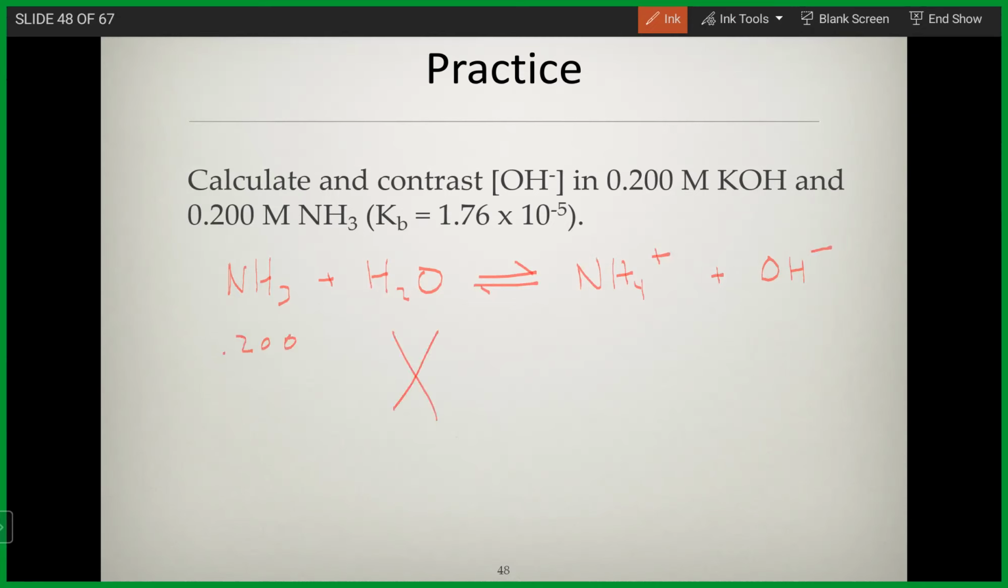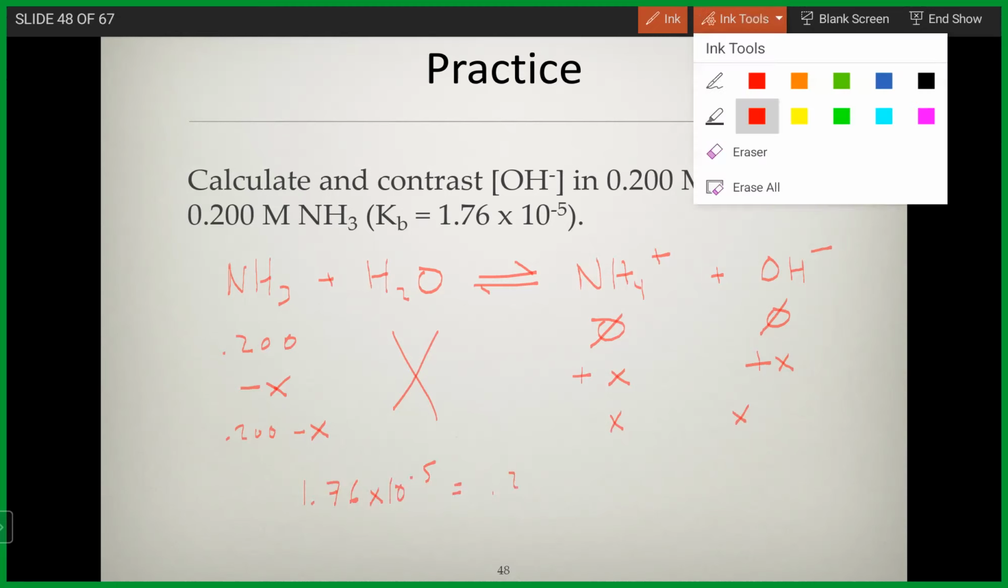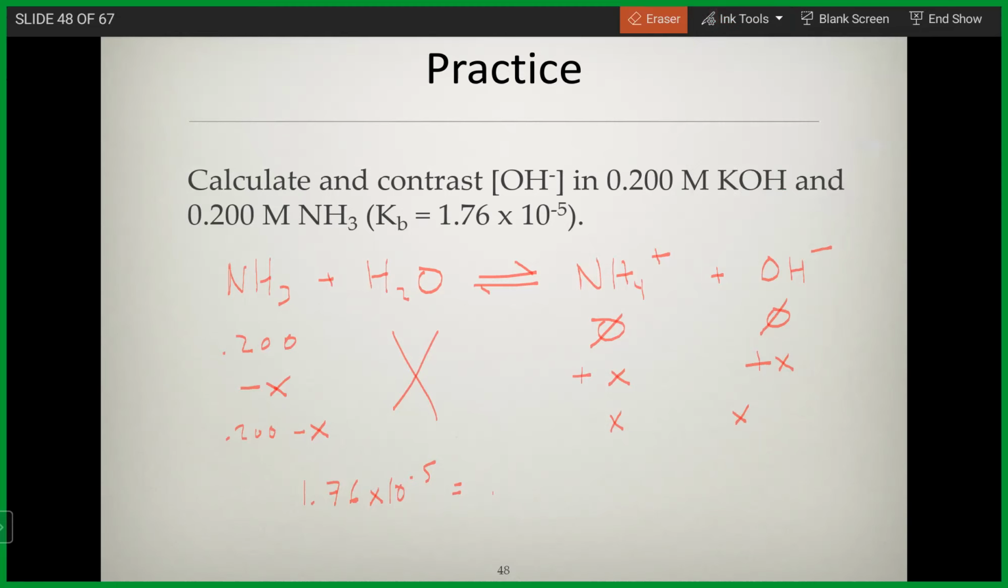This one we don't have to worry about because it's a liquid. 0, 0, plus X, minus X, 0.200 minus X. So when we set this one up, we're going to have 1.76 times 10 to the negative fifth equals X squared over 0.200, just because the negative X isn't really going to affect this much, because it's going to be a very small change compared to the initial concentration.